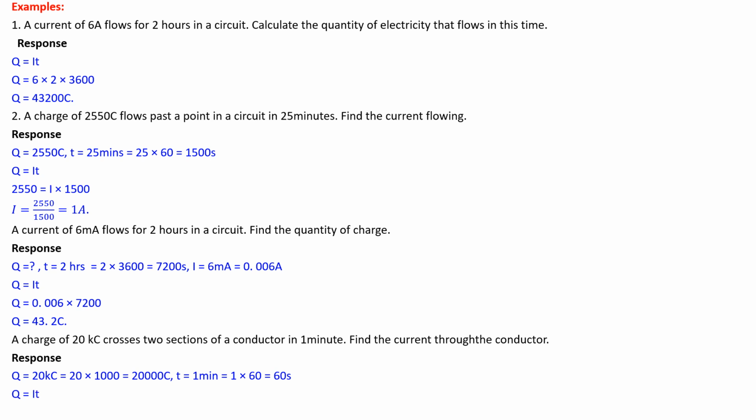Since 1 minute is equal to 60 seconds. On substituting in our first equation, I told you the first equation is very crucial and important. Substitute, get the answer of current as 333.33 ampere.